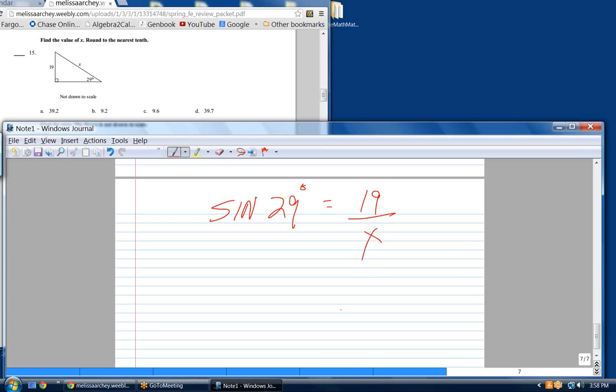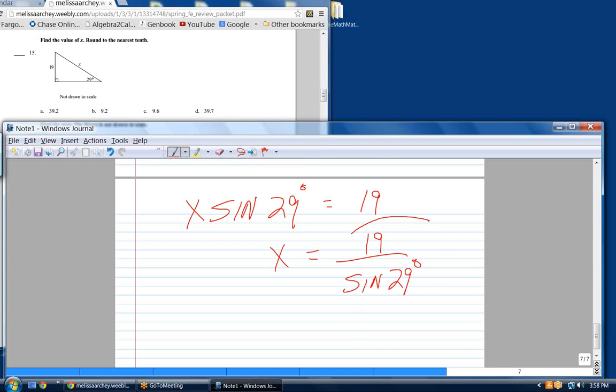Let's solve this the proper way. Let's first of all multiply both sides by x. And now let's divide by the coefficient of x, which is sine of 29. So x equals 19 divided by the sine of 29.